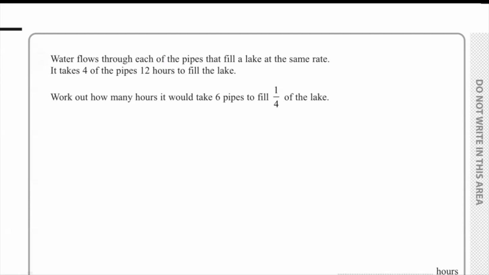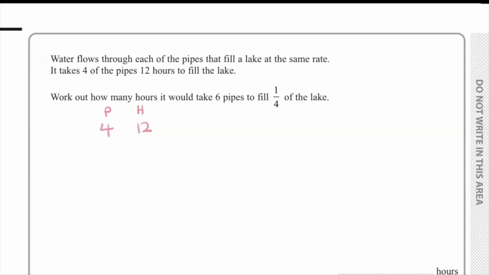Okay, so we've got water flowing through pipes, and we've got 4 pipes taking 12 hours to fill the lake. So just get the sentence that you've been given, all those words, and kind of code it into something a bit more mathematical looking.